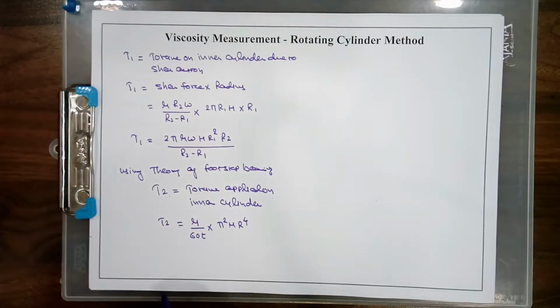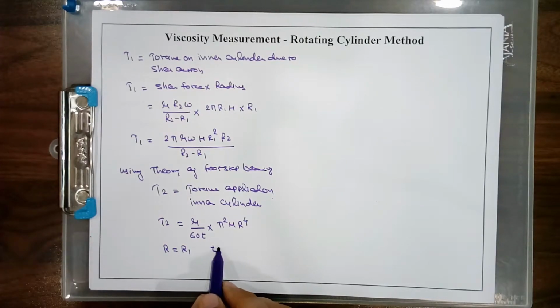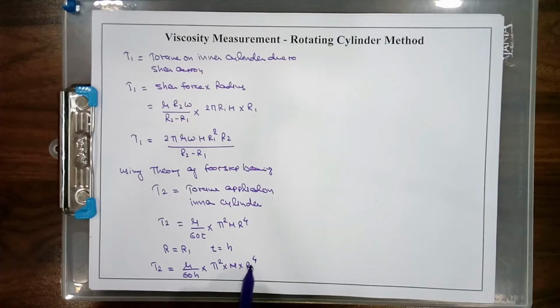Here the radius of the inner cylinder is R1, so we put R1 instead of r, and the thickness of the oil film is small h, so we apply h instead of t. So we get the value of T2 as mu divided by 60h into pi square and into R1 to the power 4.